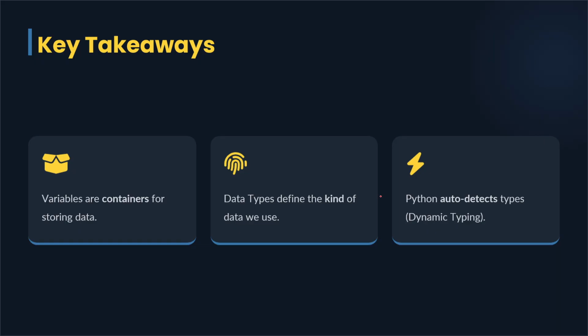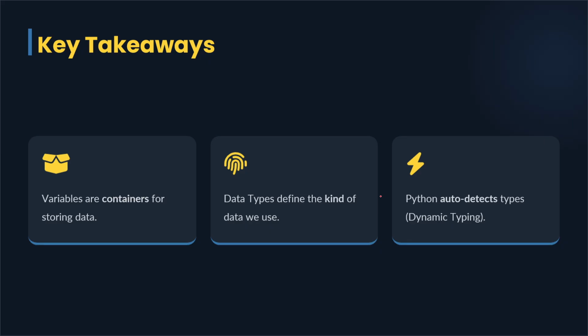What are the key takeaways? Briefly, I'll summarize the video. Variables are nothing but containers. These containers store data. The stored data is called the value and the container is the variable. A data type is nothing but the kind of data we use.